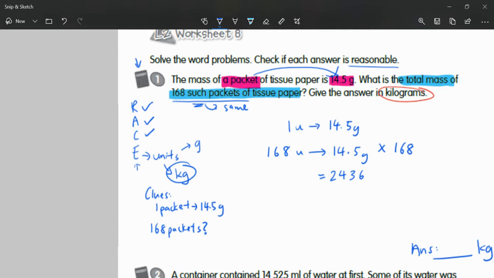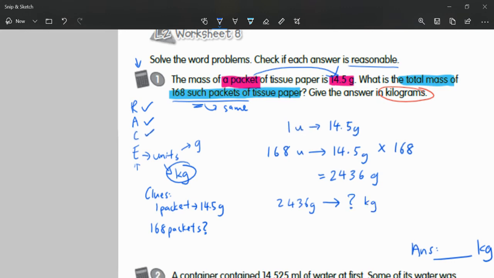Okay, so the next part is the grams. The next part is also why they don't specify the use of calculator, because at this stage, the last bit is looking at if you are able to do conversions of measurements. So you have 2,436 grams. It's asking you to convert it into kilograms.